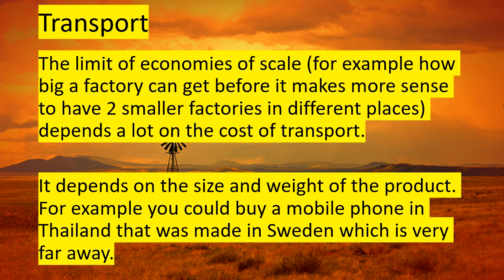Transport: the limit of economies of scale. For example, how big a factory can get before it makes more sense to have two smaller factories in different places. It depends a lot on the cost of transport. It depends on the size and weight of the product. For example, you could buy a mobile phone in Thailand that was made in Sweden, which is very far away.